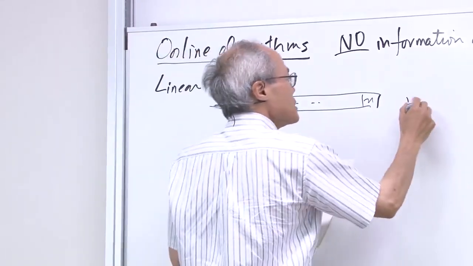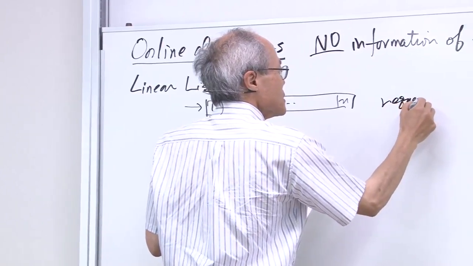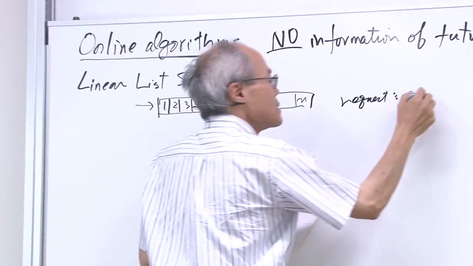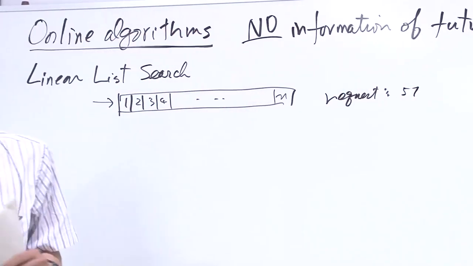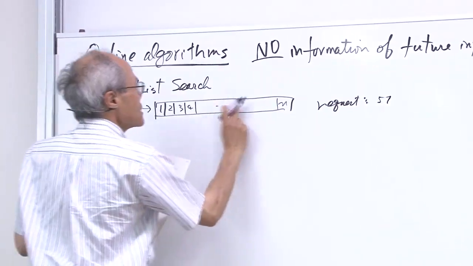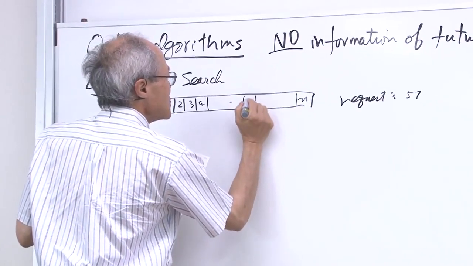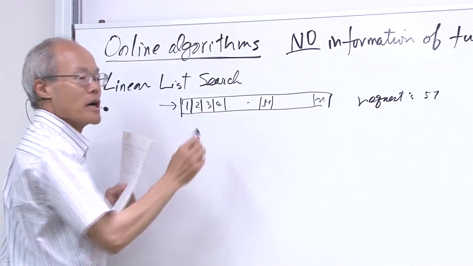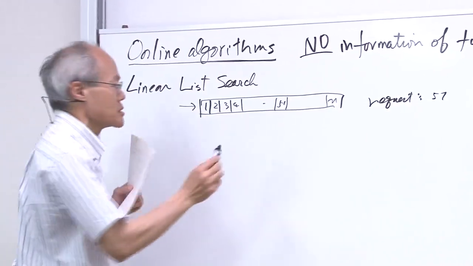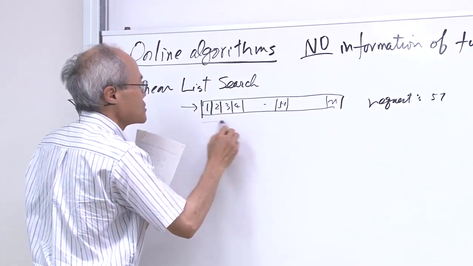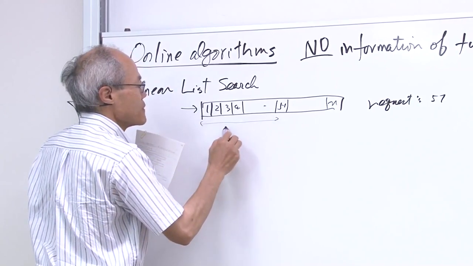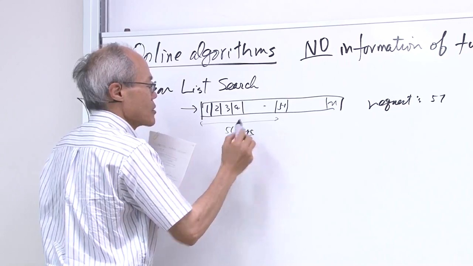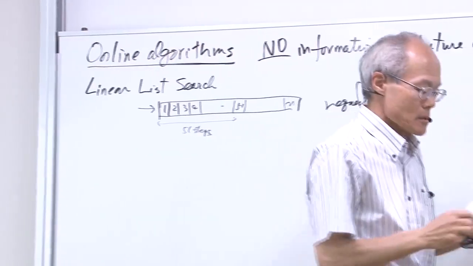Then you have to search item 51 in this list, just doing sequential search. So you need to move from here to here, the 51 steps. This is your cost.